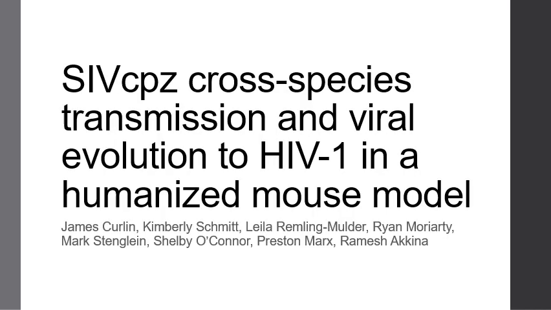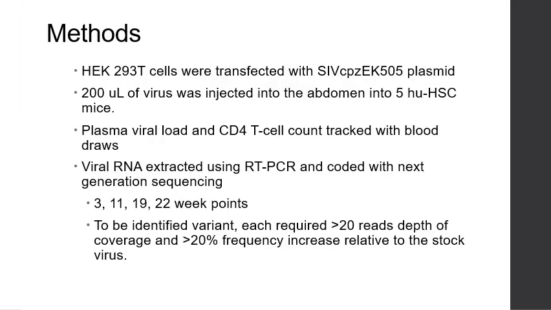To investigate these topics, the focal paper I used was the SIV-CpZ cross-species transmission and viral evolution to HIV-1 in a humanized mouse model. To investigate this phenomenon, the researchers transfected human embryonic kidney cells with the SIV-CpZ EK505 plasmid.